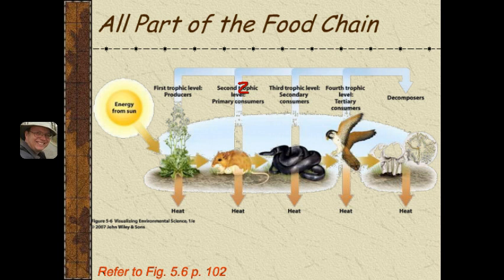And since they're the first consumers, we call them the primary consumer. If you go down to a car dealership and buy a brand new car, you are the first owner of the car. You are the primary or first consumer. Now, they're at the second trophic level. Even though they're the first consumer, they are at the second trophic level.